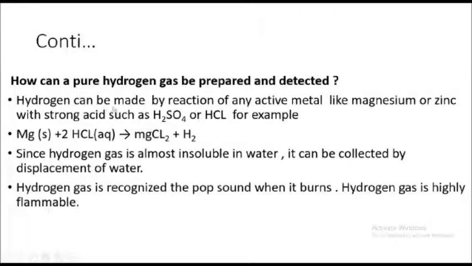Hydrogen can be made by the reaction of any active metals. If we are going to prepare hydrogen and detect whether it is pure or not, we make hydrogen by the reaction of active metals. According to the reactivity series, metals can be classified as reactive metals and non-reactive metals.